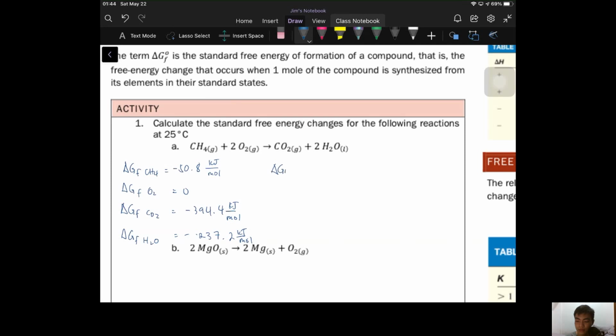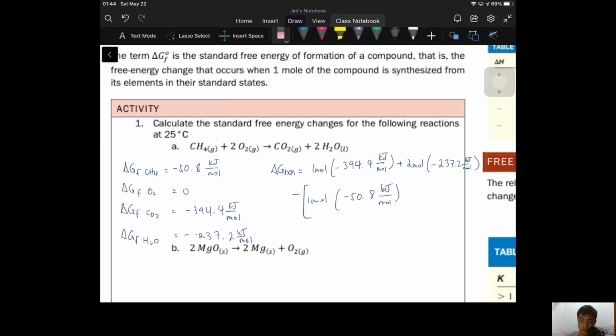The delta G reaction is the products. So yung CO2, we have 1 mole of carbon dioxide times this delta GF, plus 2 moles ng liquid water, that is negative 237.2 kJ per mole, minus, sa reactant tayo, we have 1 mole of CH4, negative 50.8 kilojoule per mole.